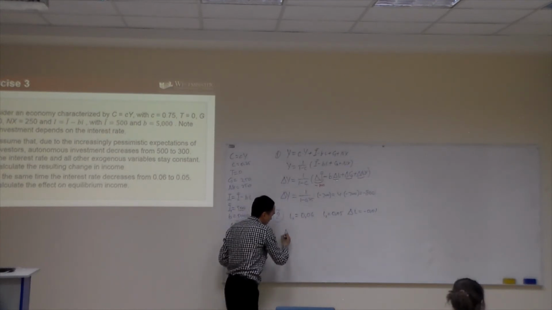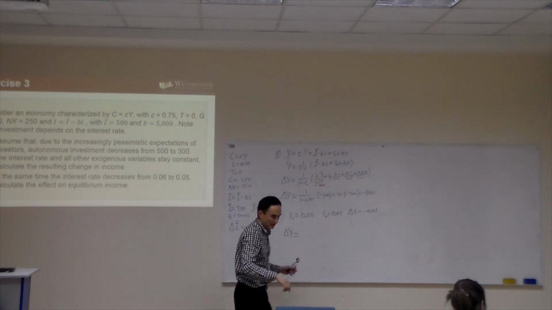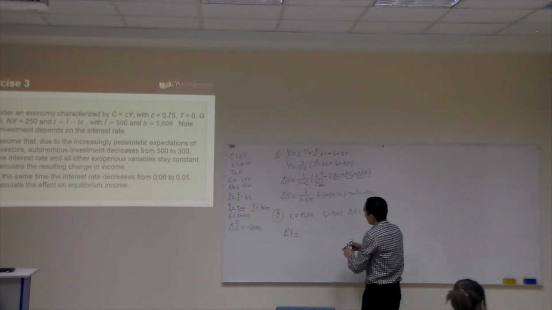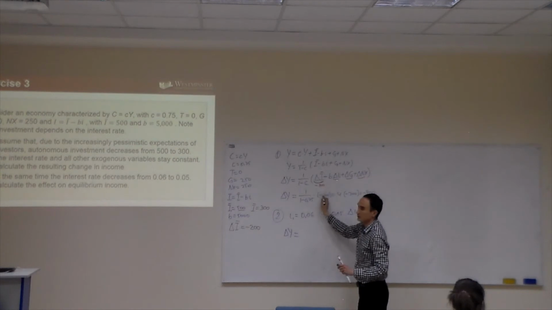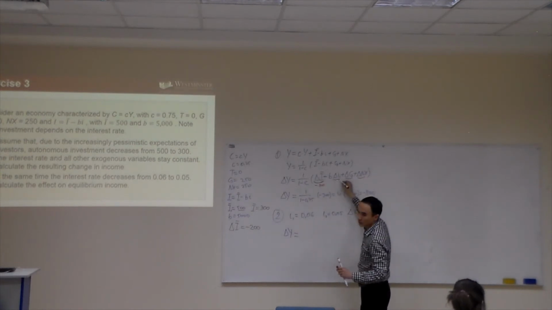So change in output is equal to, look, in the previous case, once the economy experienced a 200 reduction in investment, the government immediately responded by monetary policy. The government also decreased the interest rate by 1%.